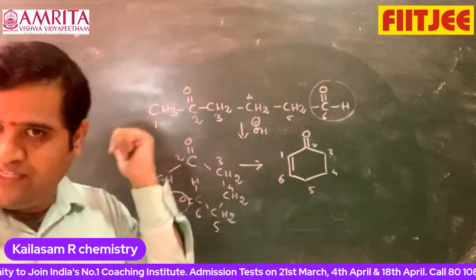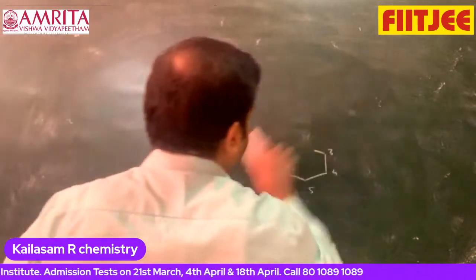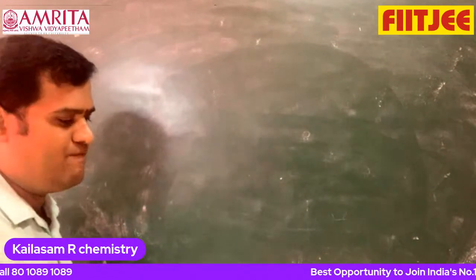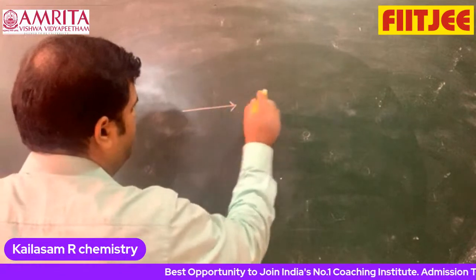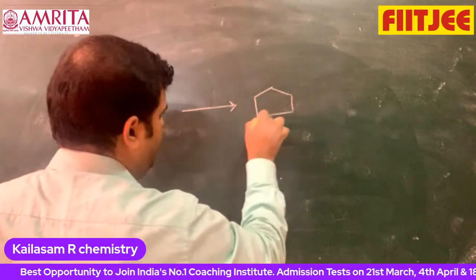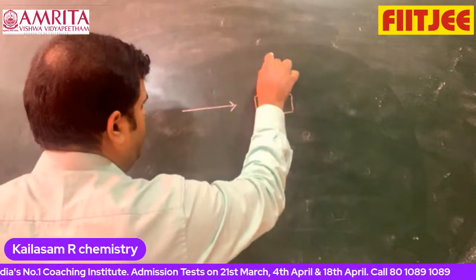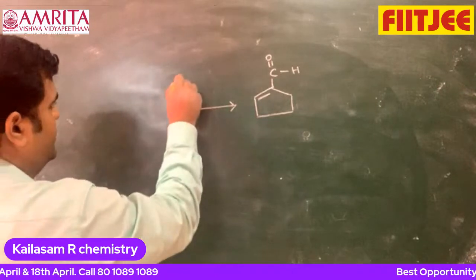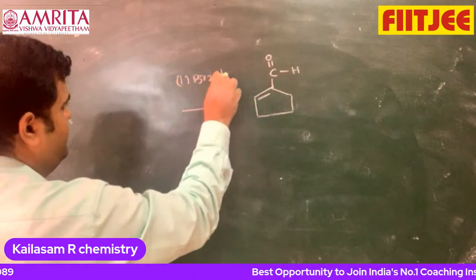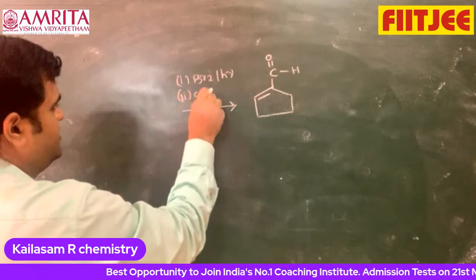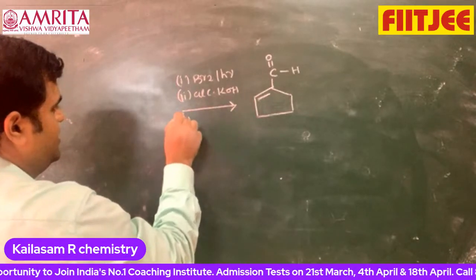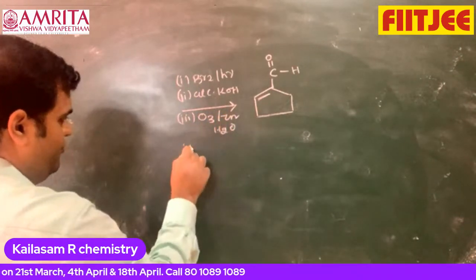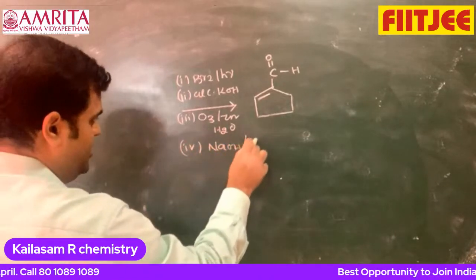Alright, but in the exam, what they're asking, we'll see that. In the exam, they'll be asking us like this. It is given as Br, then alcoholic KOH, then O3, Zn/H2O, then fourth will be NaOH, heat.